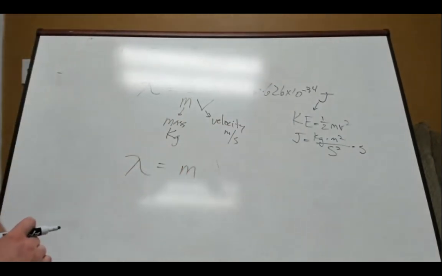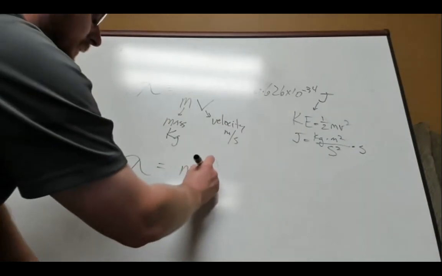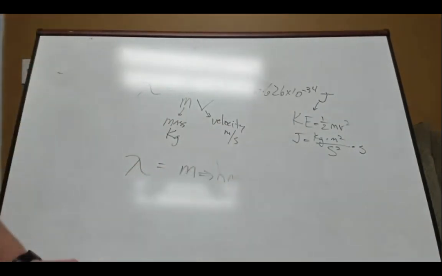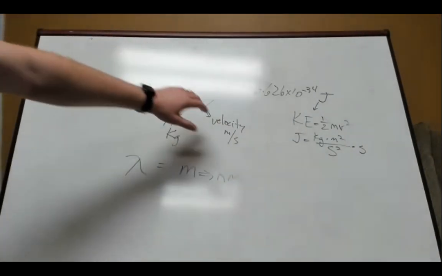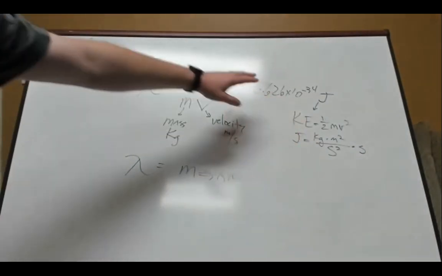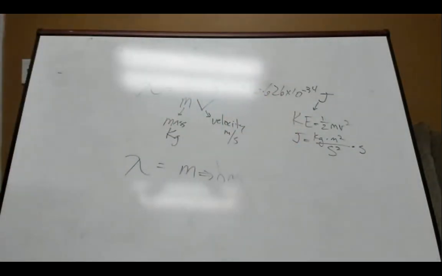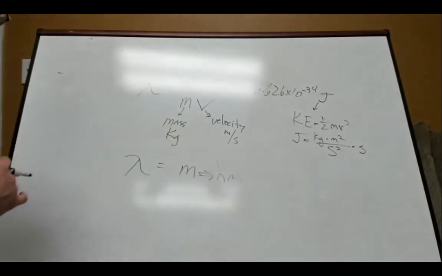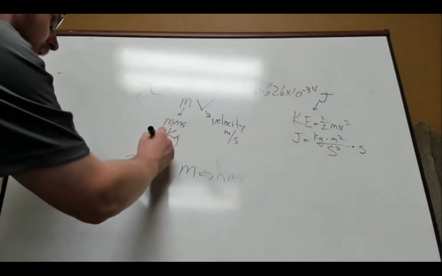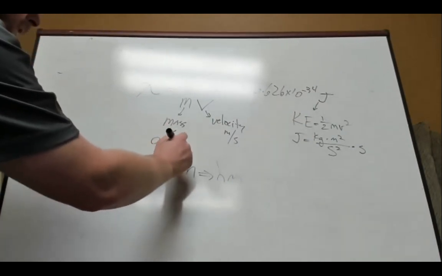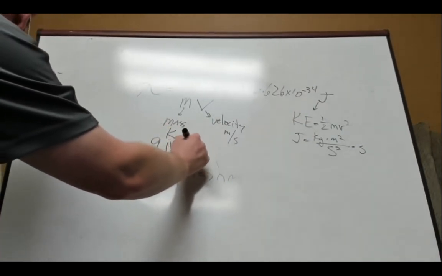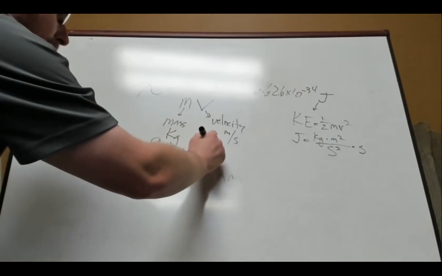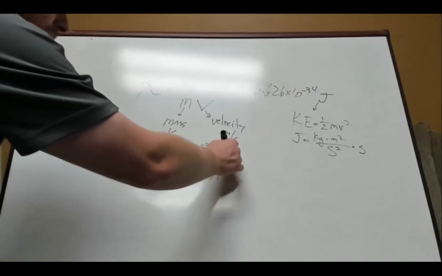And we said if we're given a wavelength in meters, we have to convert it to nanometers. But just to show you, we have to think of a new definition of our joules unit so that we can cancel everything out. Just to let you know, the mass of an electron is 9.11 times 10 to the negative 31st kilograms.